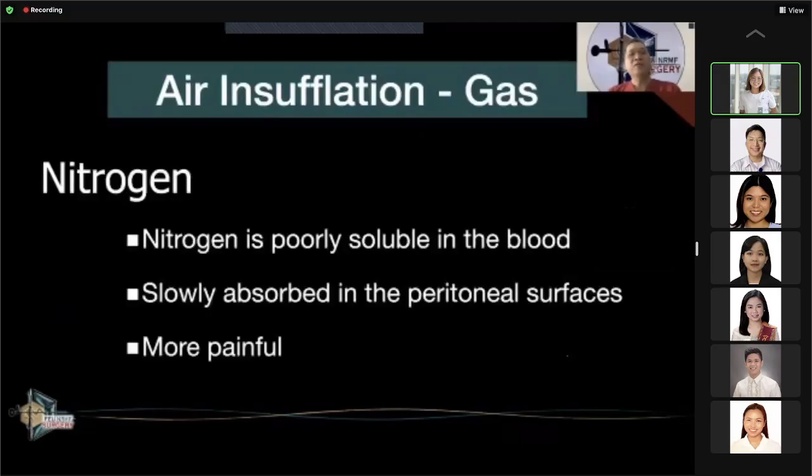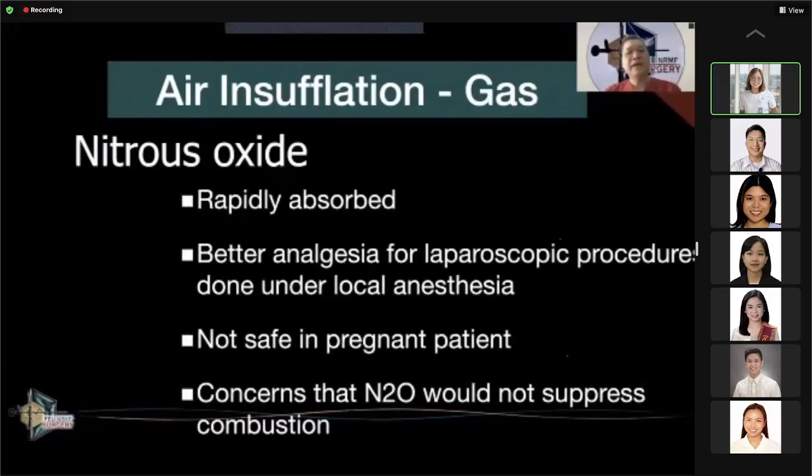For pneumoperitoneum, several gases have been used before. One is nitrogen. The problem is it's poorly soluble in the blood, and there's more pain after surgery because the nitrogen stays inside the peritoneal cavity. It's not absorbed. Nitrous oxide is a gas.